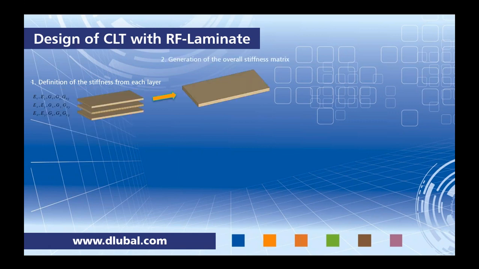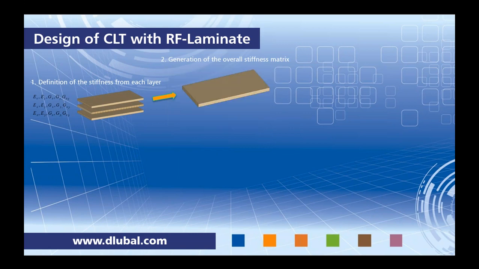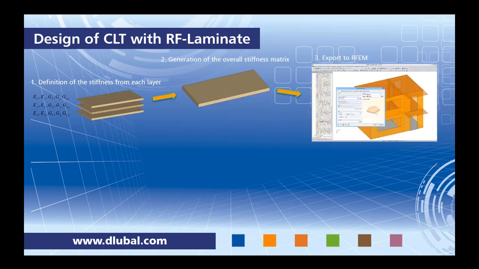Also, the program will take each layer and create an overall stiffness matrix. For example, this is the D11 entry in the stiffness matrix based on all of the different layers. Then the program will export these correct stiffnesses back into RFEM.